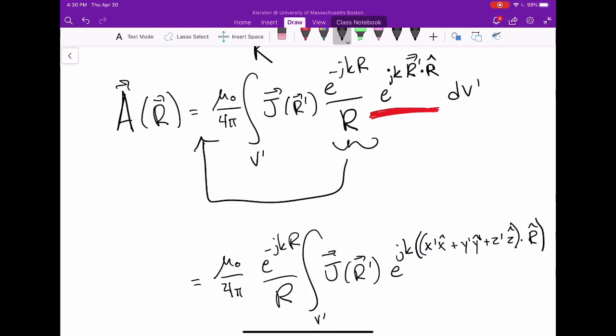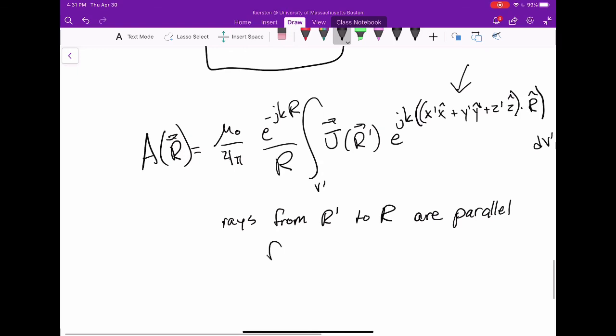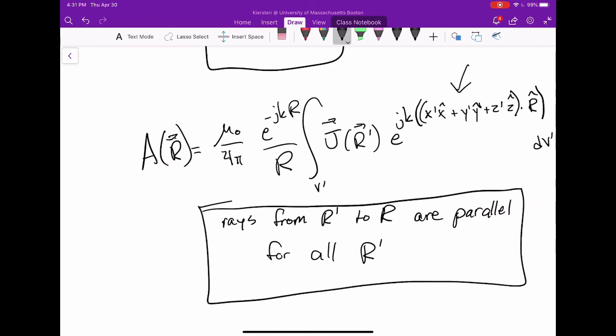So whatever direction our observation vector is in gets dotted with this expression for a point on the source current. And this all comes from the assumption that the rays from r prime to r are parallel for all values of r prime. So that's just a simplification of how to do the radiation integral. And that's what we mean when we're talking about the far field.